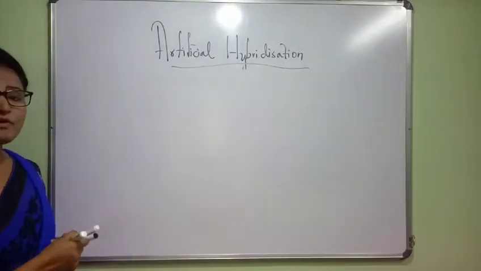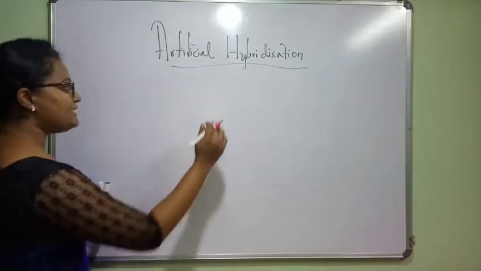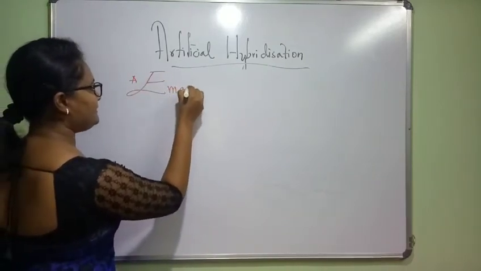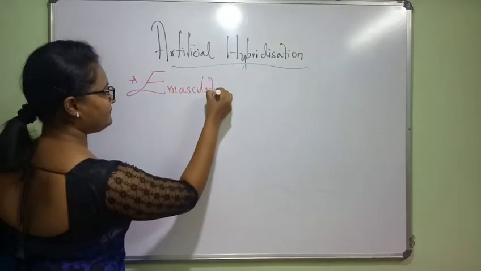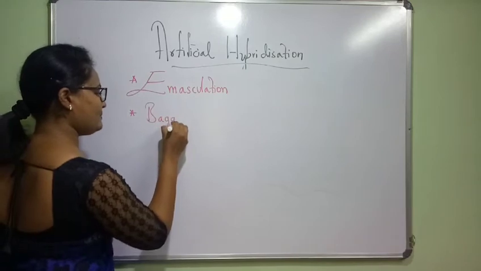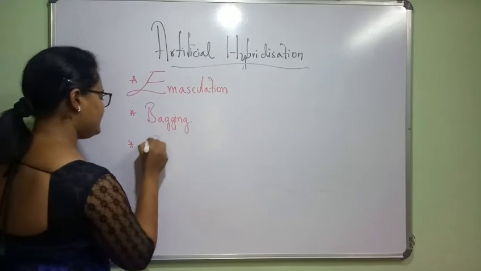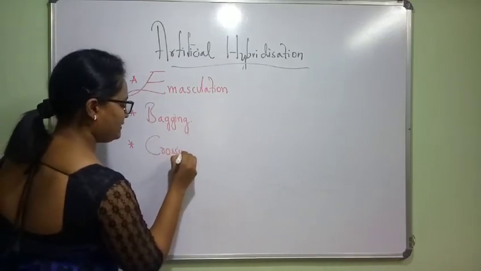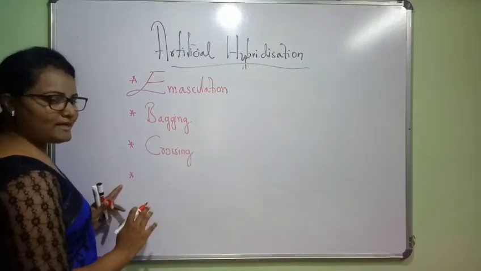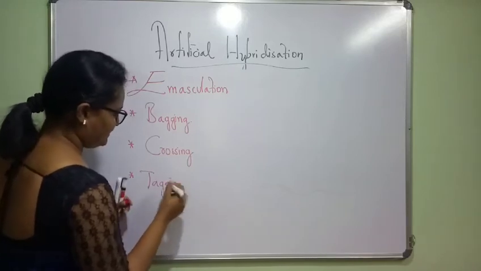The hybridization process is performed in a few different steps. The first step is called emasculation. The second one is bagging, the third one is crossing, and the fourth one is tagging.